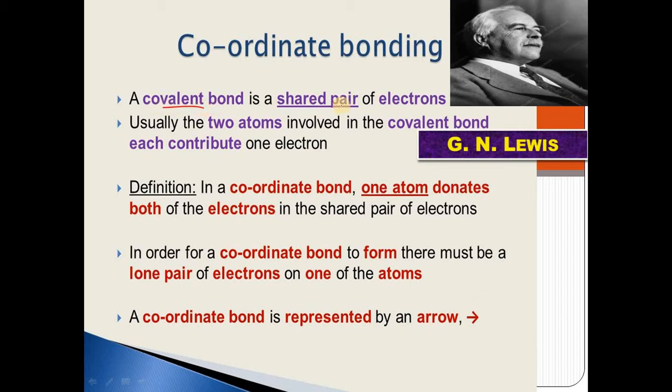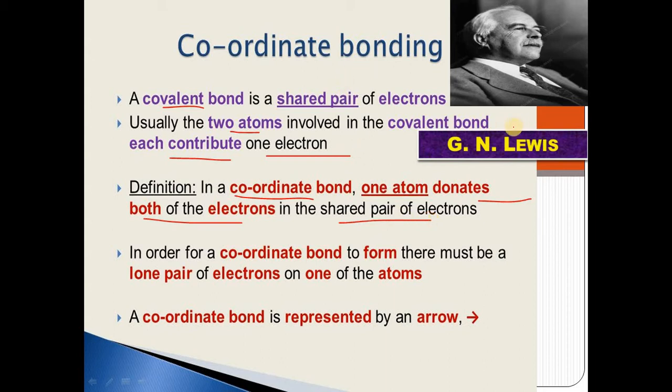A covalent bond is defined as equal sharing of electrons between two atoms, that is, a shared pair of electrons between two atoms. Usually the two atoms involved in the covalent bond each contribute one electron, but in the case of a coordinate bond, one atom donates both of the electrons in the shared pair.